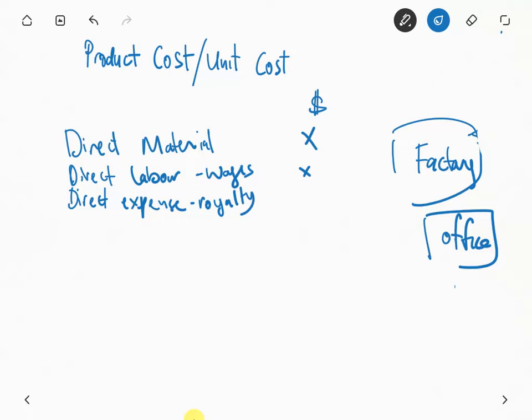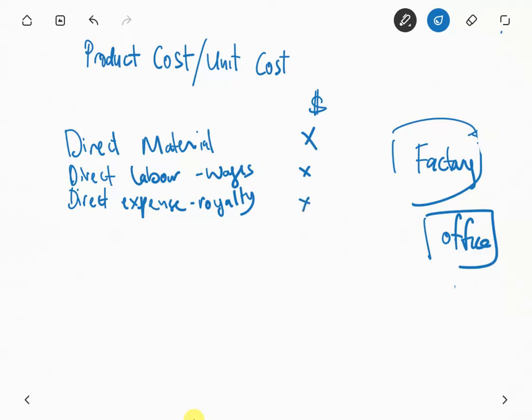If you buy a machine, you depreciate. So depreciation is your overhead. If you do not buy, you hire just to produce this specific goods. We hire to produce. Hiring is part of direct expenses. Okay, royalty or hiring of machine.